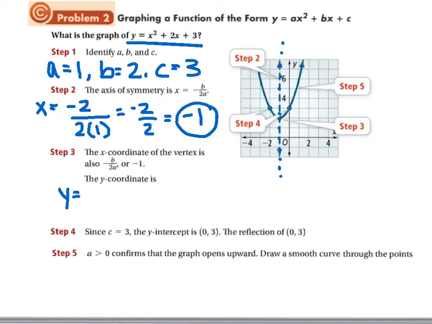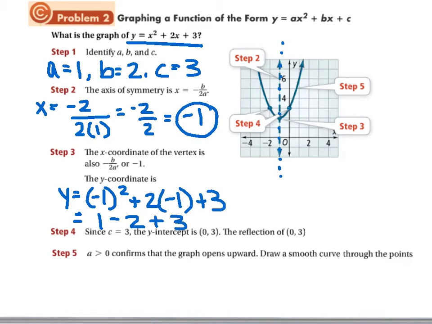Y equals negative 1 squared plus 2 times negative 1 plus 3. So you just put the x value back into that function. That gives us 1 minus 2 plus 3.